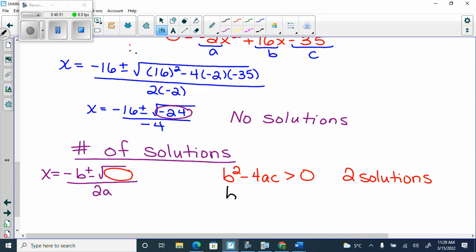Then, if you figure out b squared minus 4ac and you find out it equals 0, so there's a 0 under this radical now, how many solutions would I have? Just 1, right? If there's a 0 here, if I add 0 or subtract 0, does it change my answer? No. So if b squared minus 4ac is equal to 0, I have 1 solution.